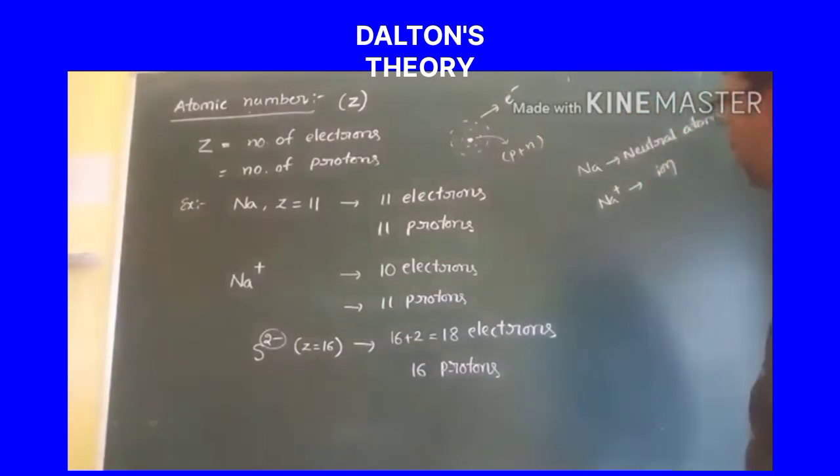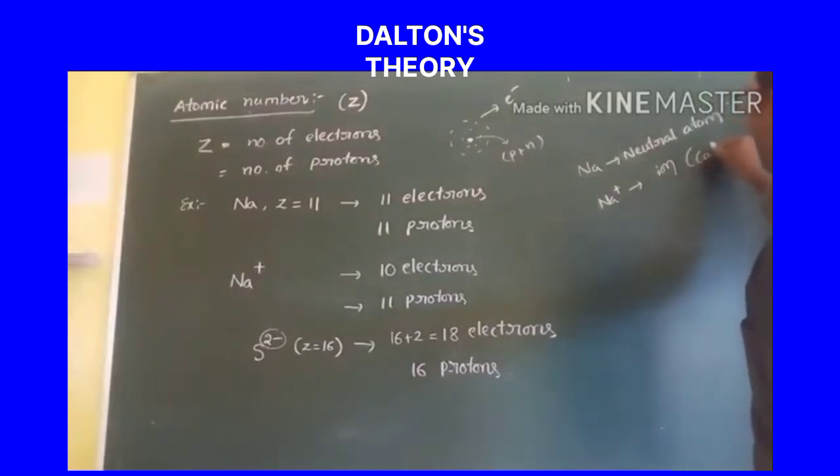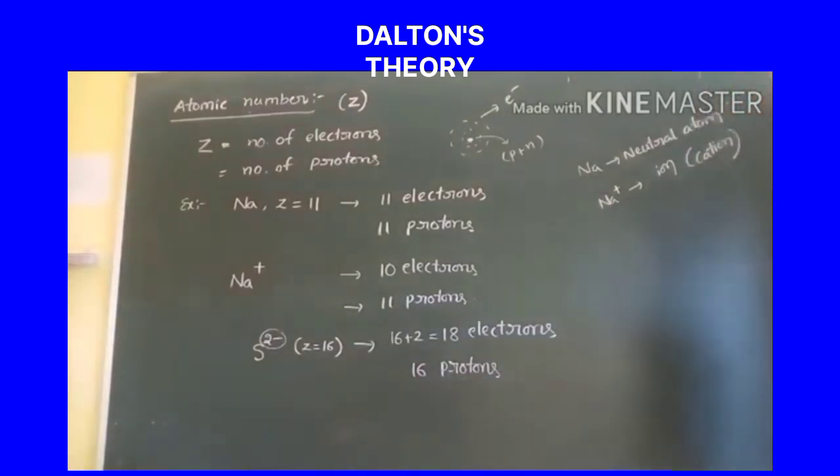A positively charged ion is called a cation. What is the name? Cation. S2 minus is also a charged ion. Charged particle is there, 2 minus. It is also called an ion. It is a negatively charged ion. A negatively charged ion is called an anion.